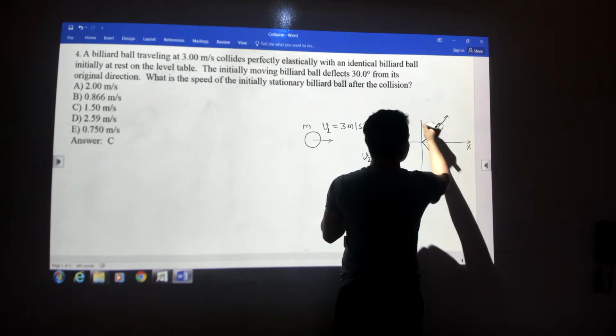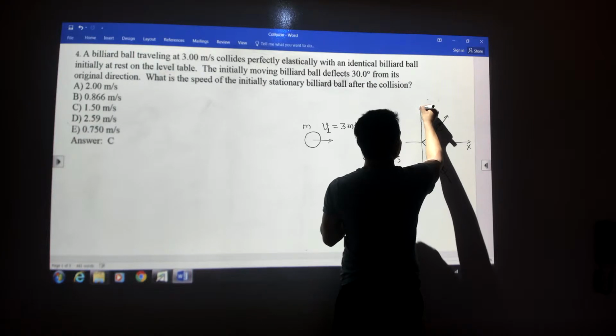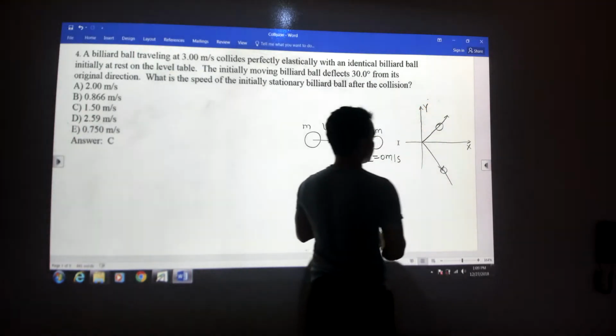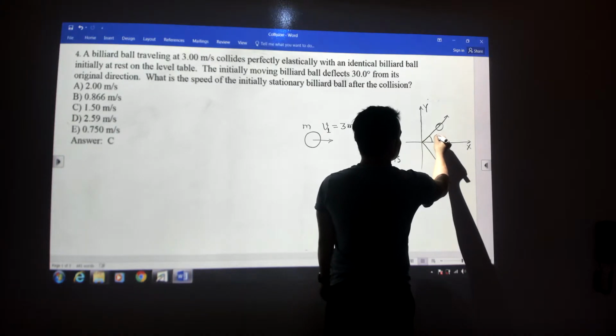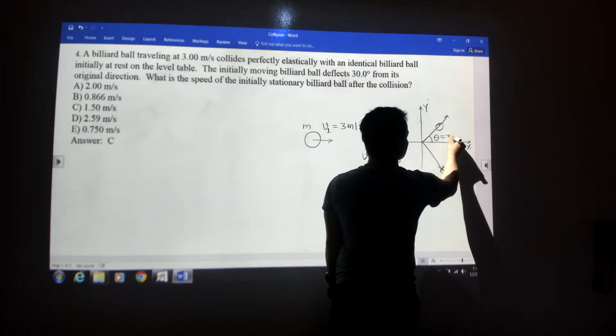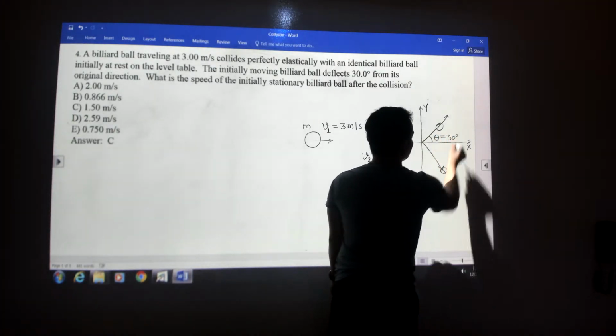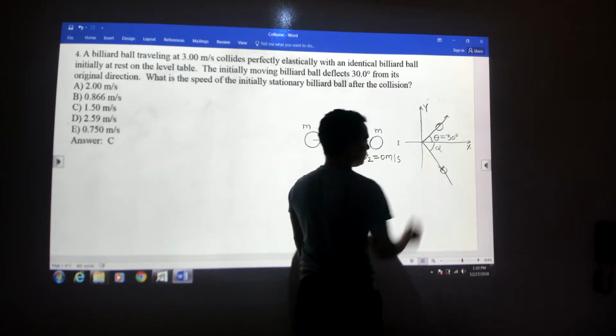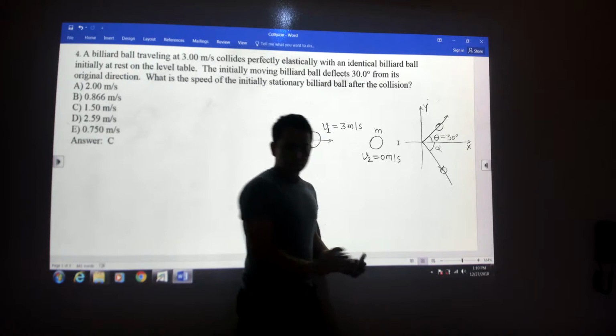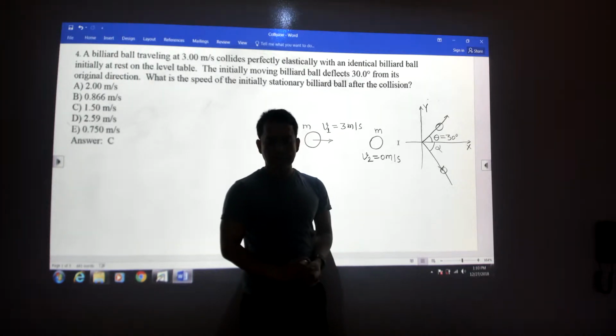This is the x-axis and this is the y-axis. This angle theta is given as 30 degrees, and we do not know this other angle, alpha. Again, the masses of the two balls are exactly the same.